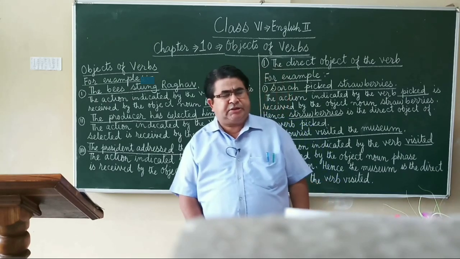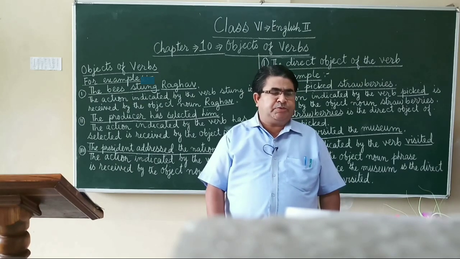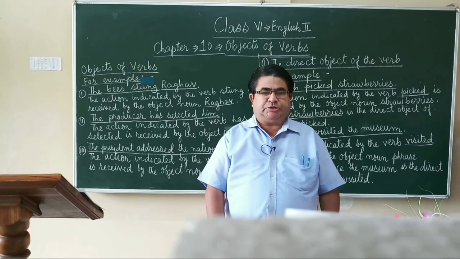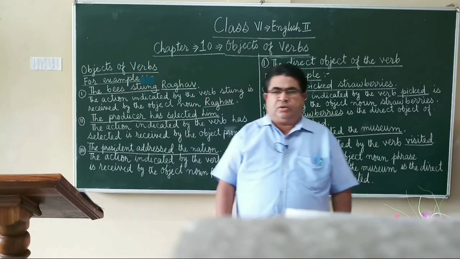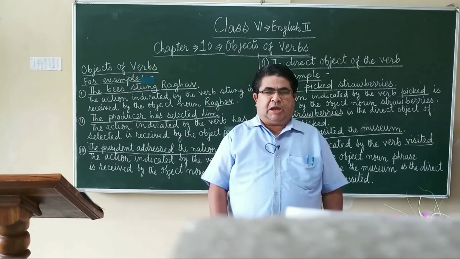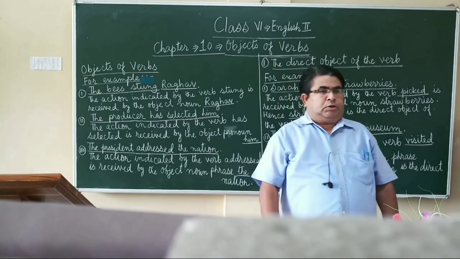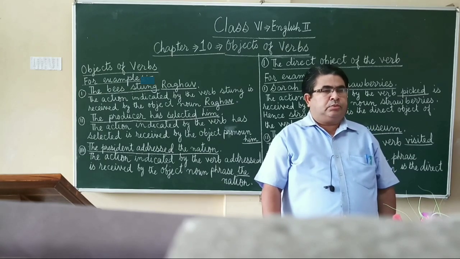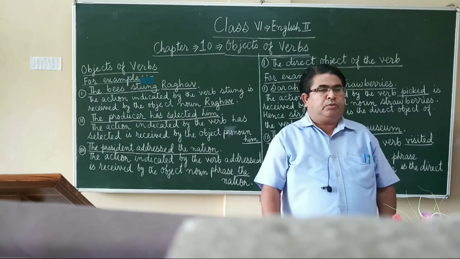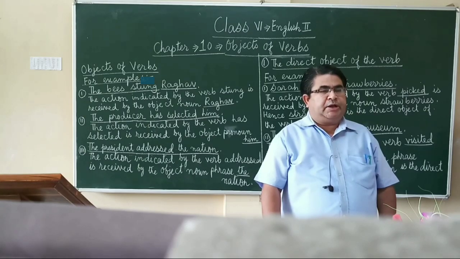Children, there are 3 types of objects of verb: direct object, indirect object, and objects of the prepositions. Let us first begin with direct object of verb. I will explain with the help of examples. Direct object of the verbs: the noun phrase or pronoun that receives or is affected by the action indicated by the verb is called the direct object of the verb.